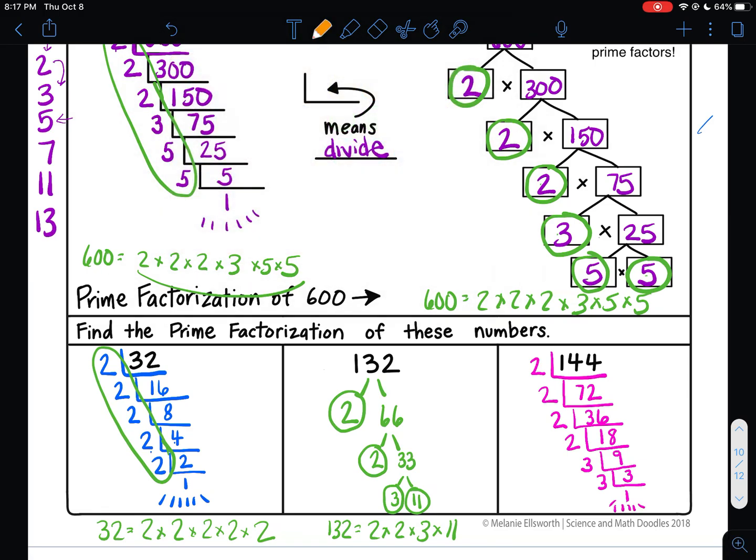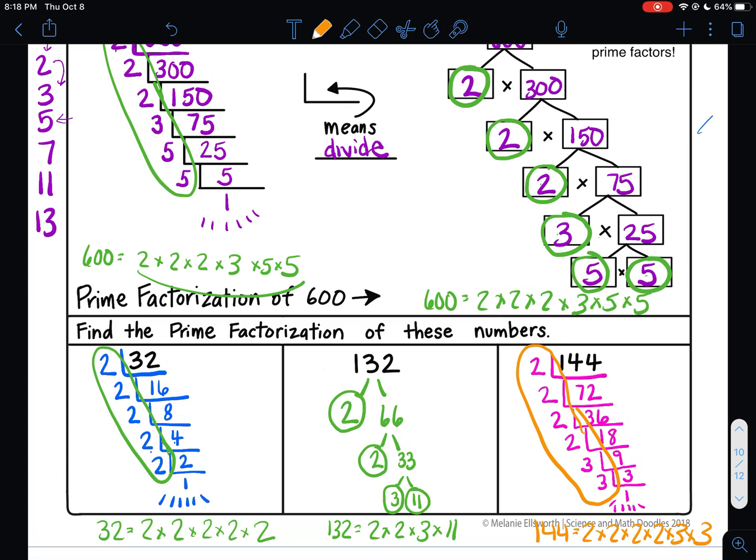So the prime factorization is the numbers on the side. So 144 equals 2 times 2 times 2 times 2 times 3 times 3. Okay? And there you have it. There is prime factorization.